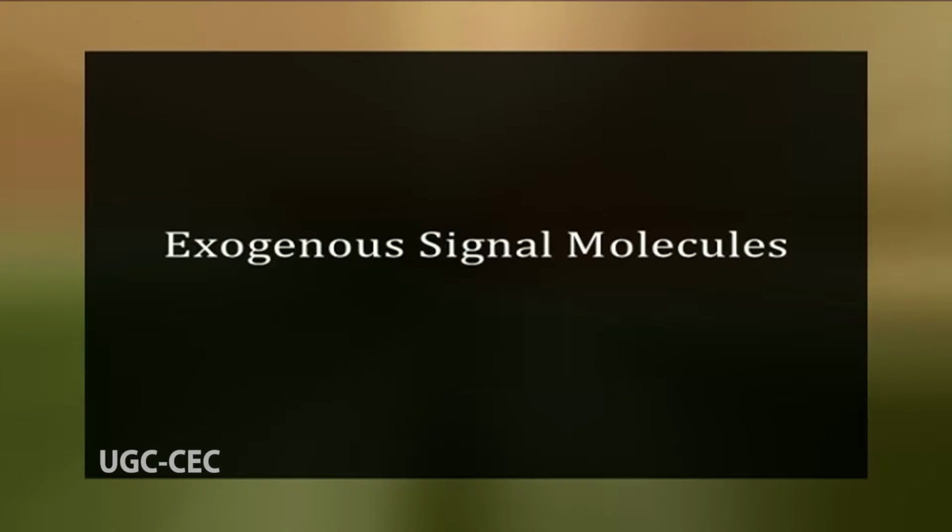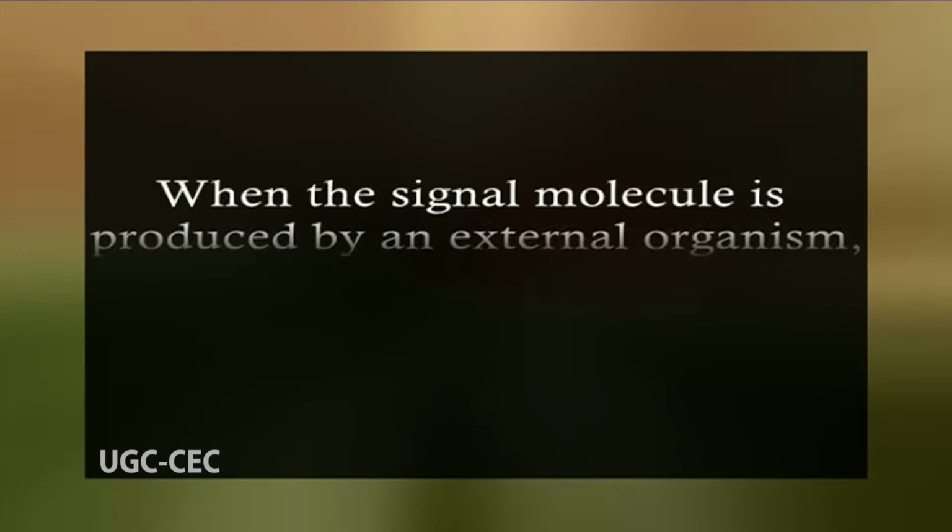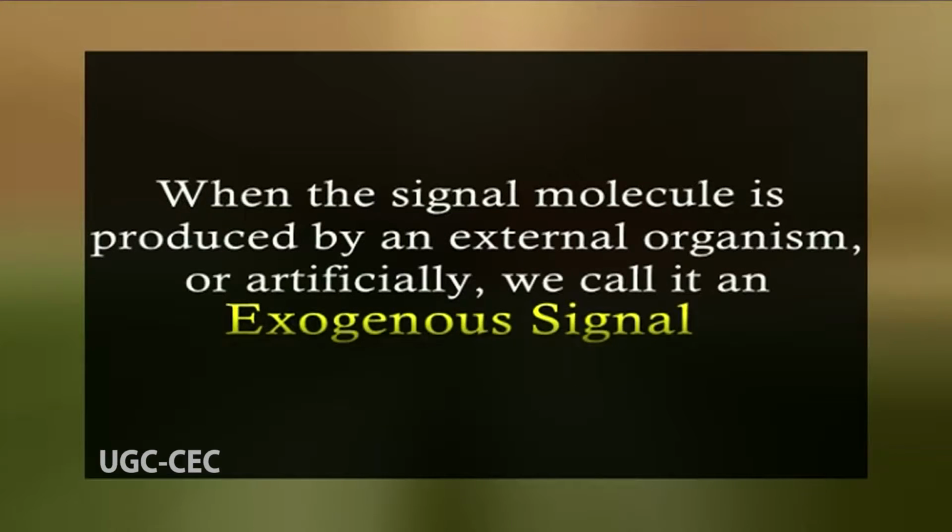After discussing the endogenous signaling molecules, here it's mandatory to give you very brief information on exogenous signaling molecules. When the signal molecule is produced by our body, we call it an endogenous signal. When the signal molecule is produced by an external organism or artificially, we call it an exogenous signal.